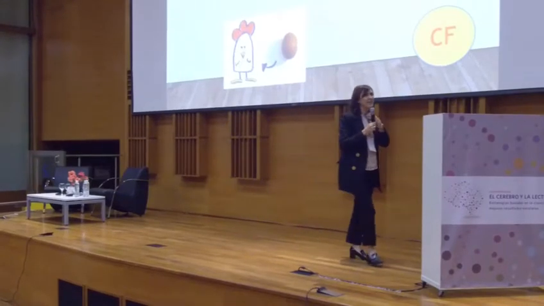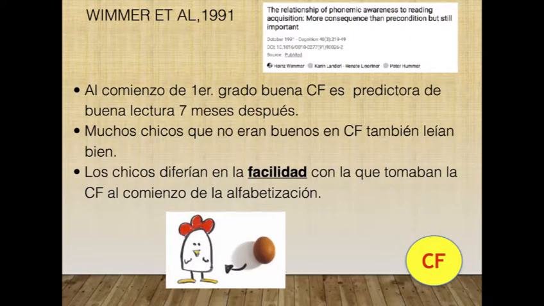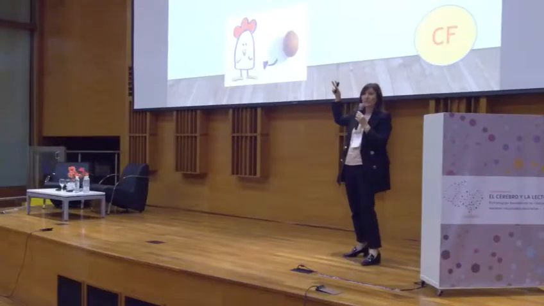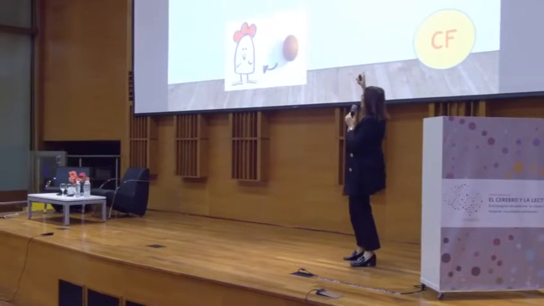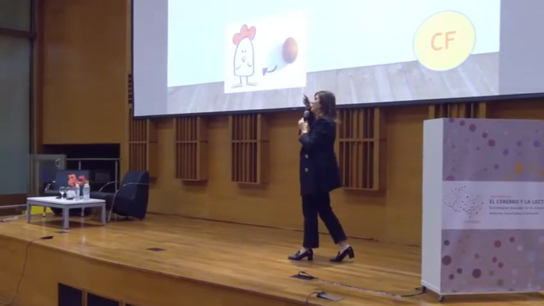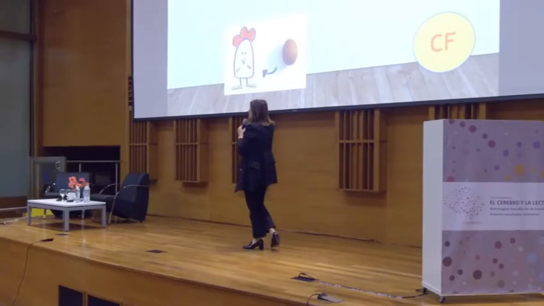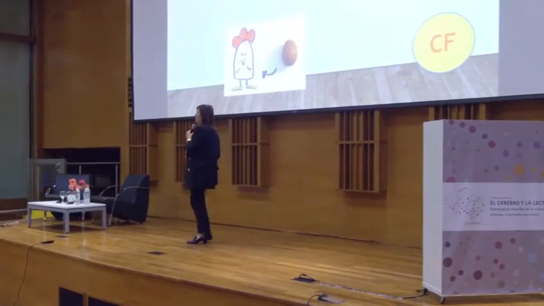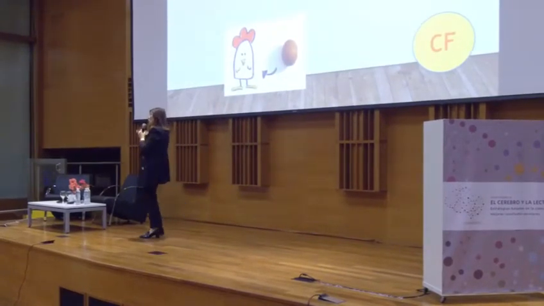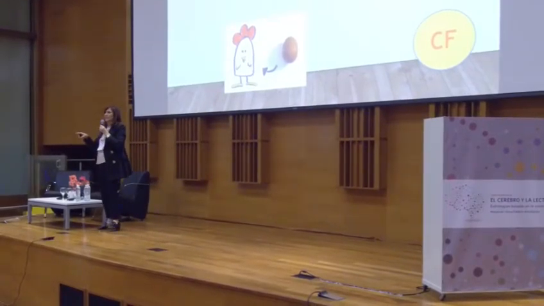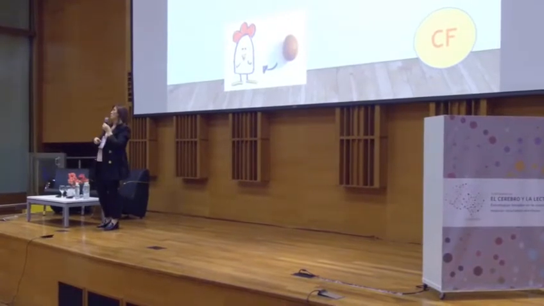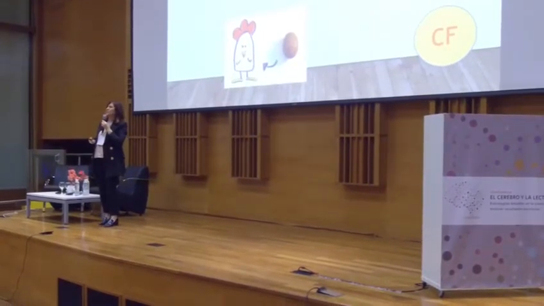Another study by Wimmer et al. showed us that there were different instances, and they found a significant group of children that, when they were starting first grade, had good phonological awareness and ended up being skilled readers. But there is another group that starts first grade with poor phonological awareness, but they are also skilled readers.